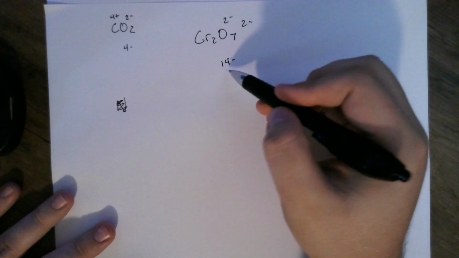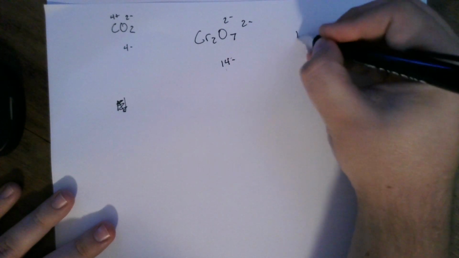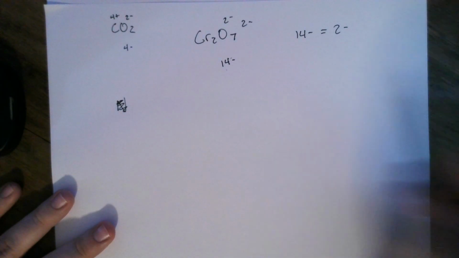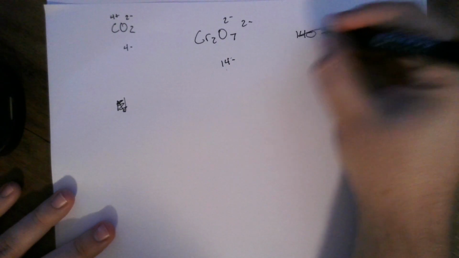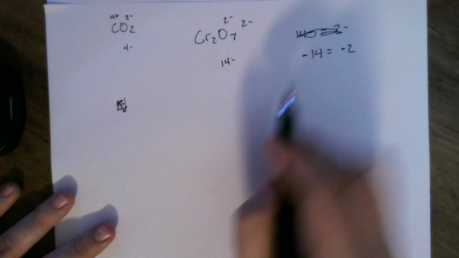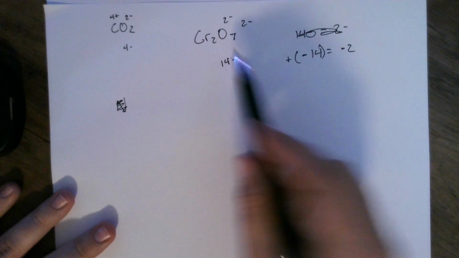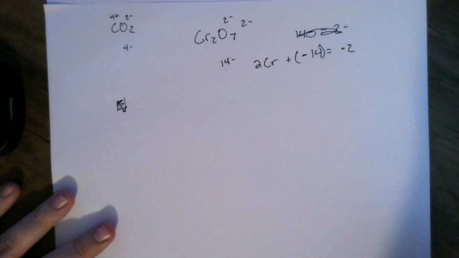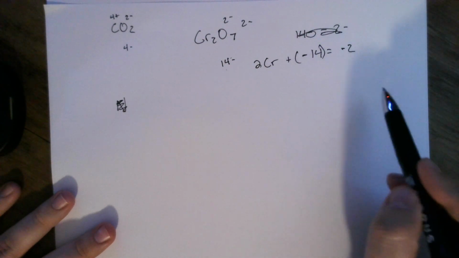Okay. So basically I'm writing an equation. I have 14 minus equals 2 minus. It might help if I write it like you actually write math. Negative 14 equals negative 2. All right, well, I need to add this negative 14. I have 2 chromiums. So what number does chromium need to be to balance this equation?